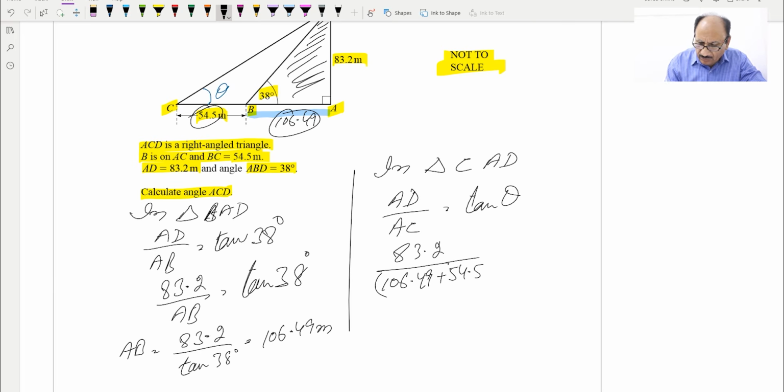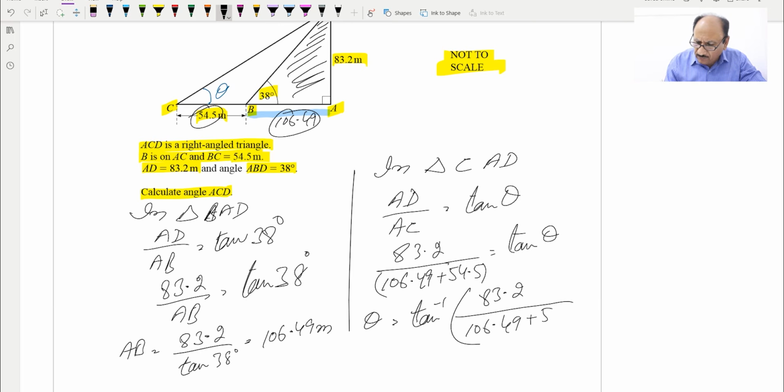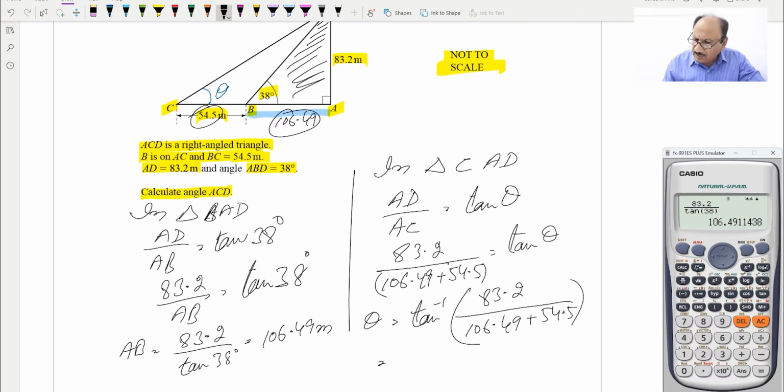This will be the total length, and this is equal to tan theta. So theta will be equal to tan inverse of 83.2 over 106.49 plus 54.5, and this will give us the angle.